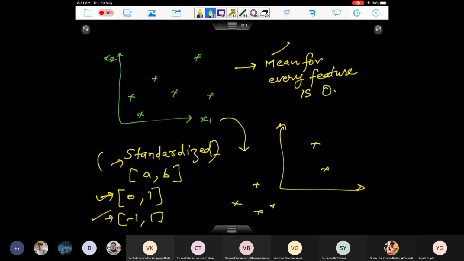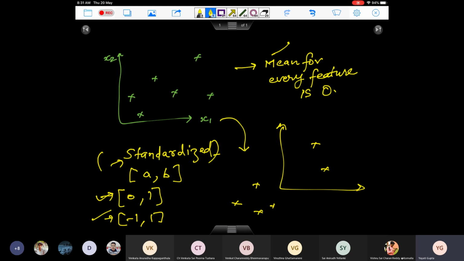Now, as we discussed yesterday, this is a two-dimensional data set. We are interested in projecting this two-dimensional data onto a one-dimensional space, ensuring that my variance is maximized.